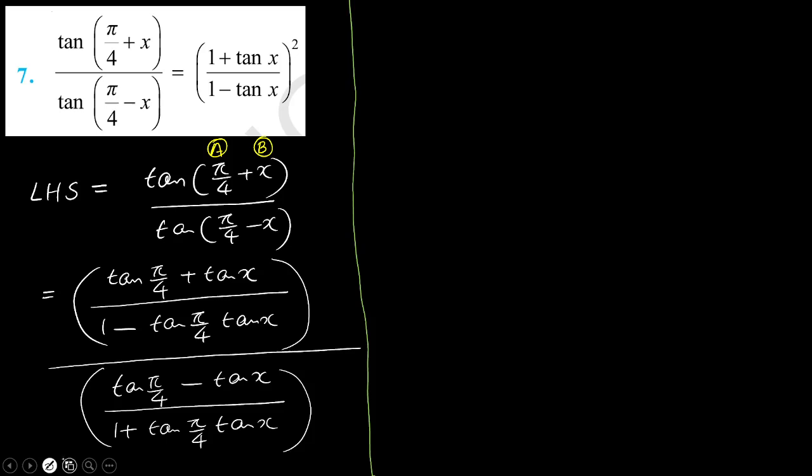In the next step, what can we do? Tan 45 degrees. Pi by 4 means 45, since 180 by 4 is 45. Tan 45 is 1. In the numerator, 1 plus tan x. Denominator: 1 minus, again tan 45 is 1, 1 into tan x is tan x. Is it correct?